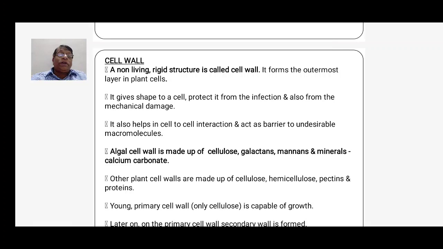From infections and also gives mechanical support.